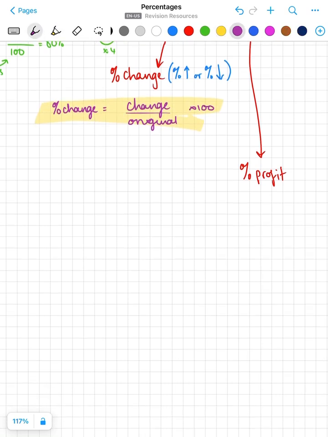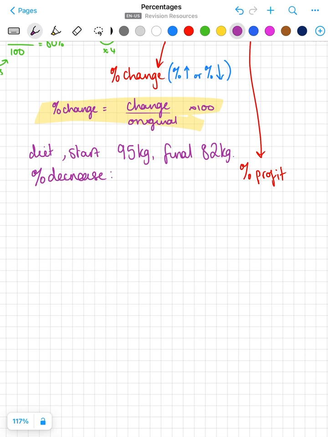Example, let's say we start a diet and your starting weight is 95 kilograms. The final weight is 82 kilograms. What's the percentage decrease in weight?